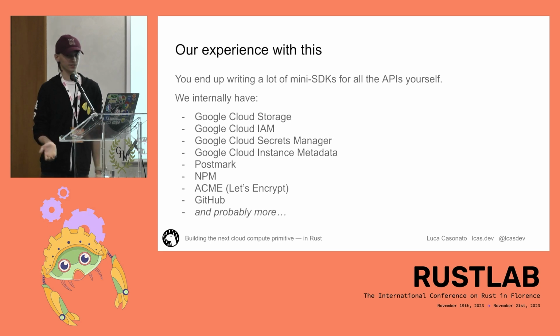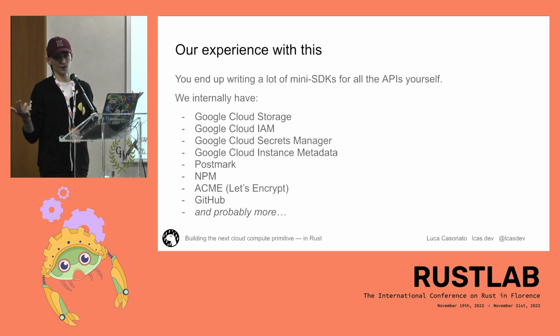And our experience with this is that you end up building a lot of little mini SDKs. Internally we have SDKs. I call them SDKs, they're really just a bunch of types and request calls with retry handling for cloud storage, for IAM, for Secrets Manager, for instance metadata, for Postmark to send emails, npm to fetch things from the JavaScript registry, talking to Let's Encrypt.